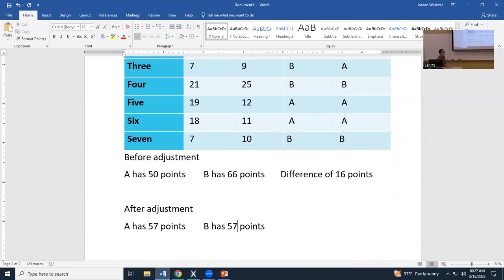So both A and B walk away with more than their fair share. And in fact, they walk away with the exact same percentage of points spent, 57%. Does that make sense? That easy process?